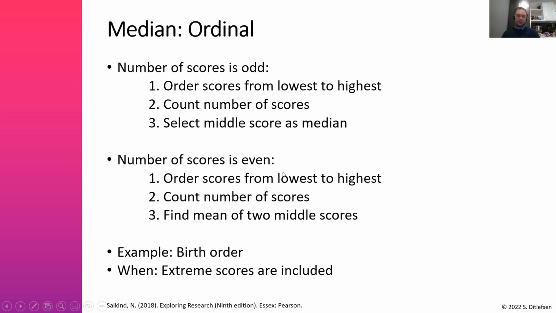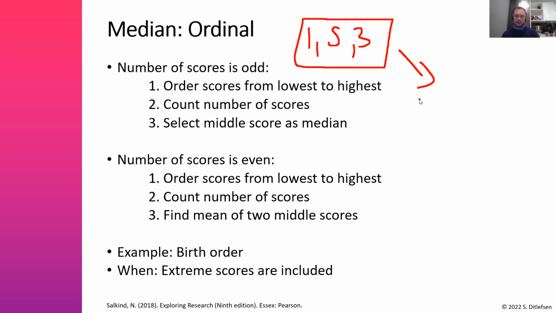Okay, and then we have 2 different examples here. We have when the count of numbers is odd and when it is even. So if we have 5, 1, and 3, this is odd because there are 3 measurements. Here we just order them from smallest to highest, count the number of scores, and select the middle one. So here it's 3.